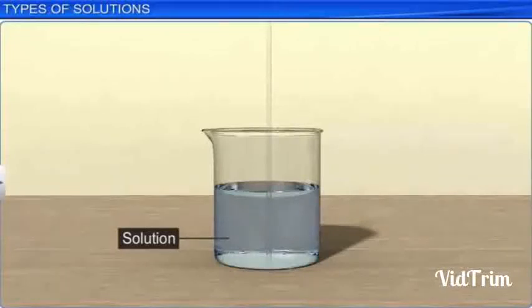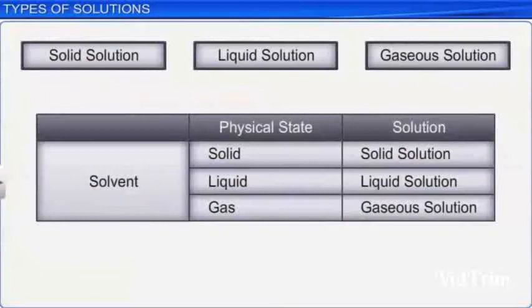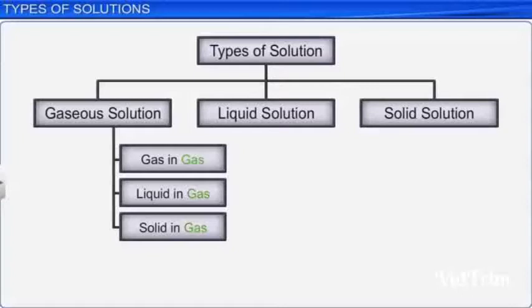Depending upon the physical state of the solvent, various types of solutions can be formed. A solution in which a gas is the solvent, and a gas, a liquid, or a solid is the solute, is known as a gaseous solution.